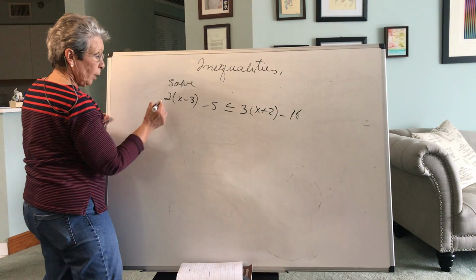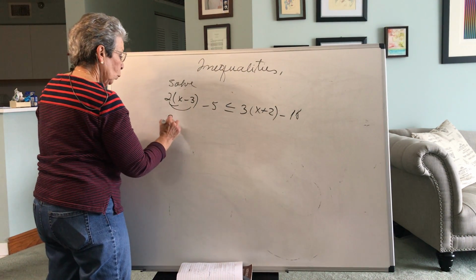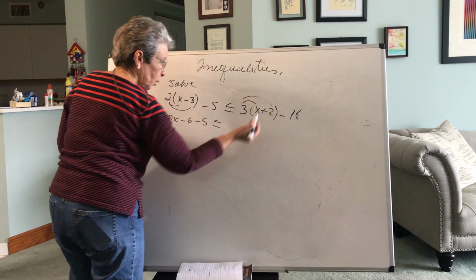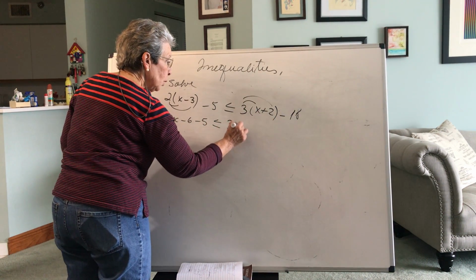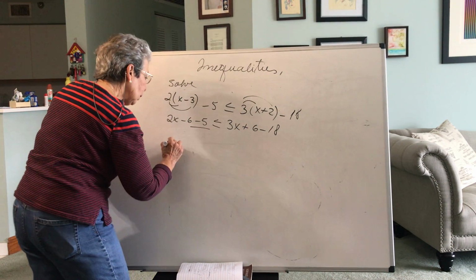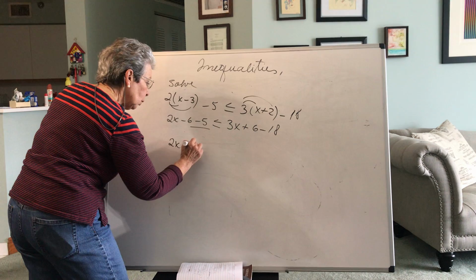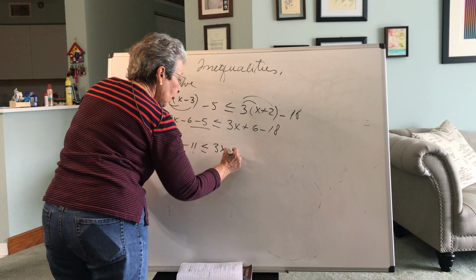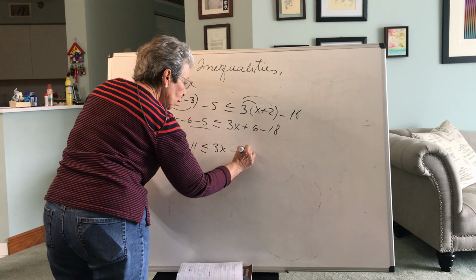Well, here you have to apply the distributive property. 2x minus 6 minus 5 less or equal, distributive property again, 3x plus 3 times 2 is 6, minus 18. Combine like terms: you have 2x minus 11 less or equal than 3x minus 12.